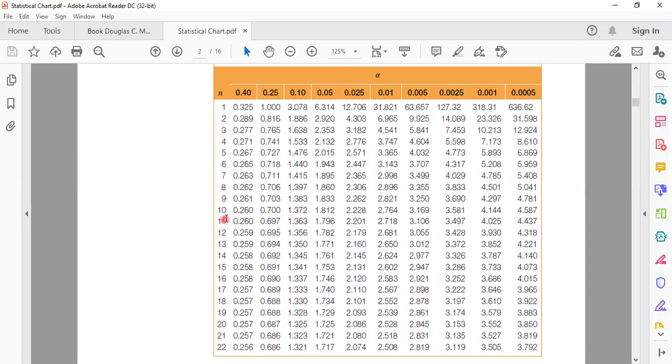That t value will be compared with the tabulated t values, not for 10 degrees of freedom, but for 9 degrees of freedom. So for sample size 10, we select the row corresponding to 9. If the sample size is 9, we select the row for 8. So sample size minus 1 is selected for drawing your conclusion.